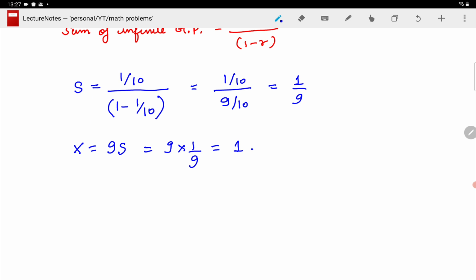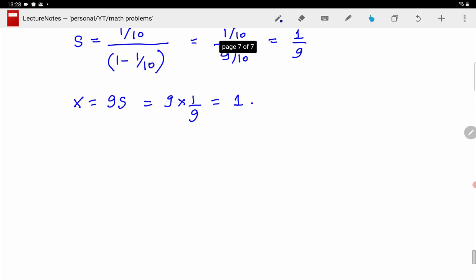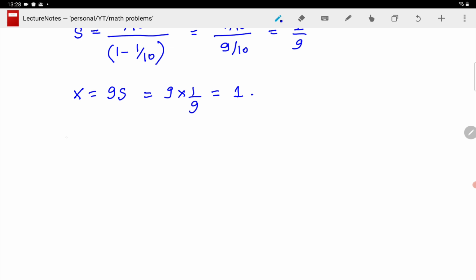So despite using 3 different ways to explain it, why does it still feel weird? Because x is equal to 1, that means 0.999 extended to infinity equals 1. And this is what we set out to prove, but it still feels weird.